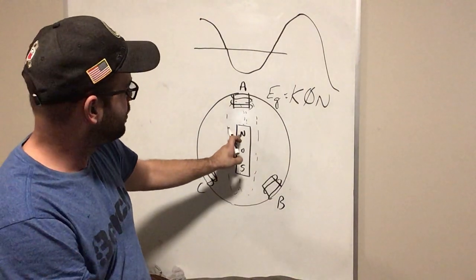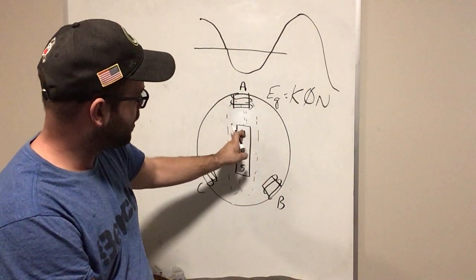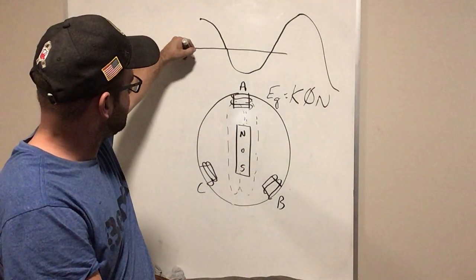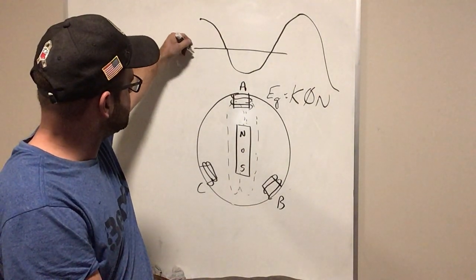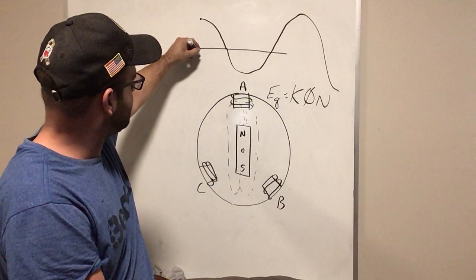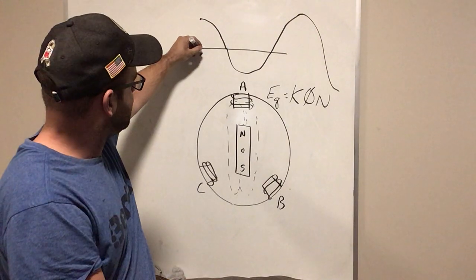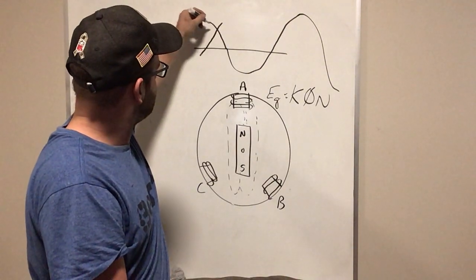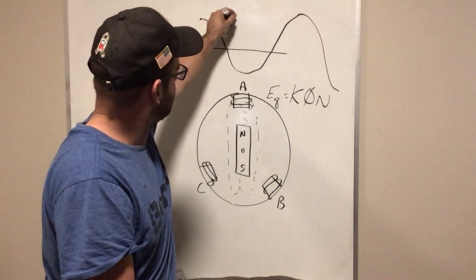And obviously that would continue to go, and we would get our 3-phase sine wave. As the north ends up coming towards phase B, we're 120 degrees apart, so this one here would probably be about here, yeah, about that.